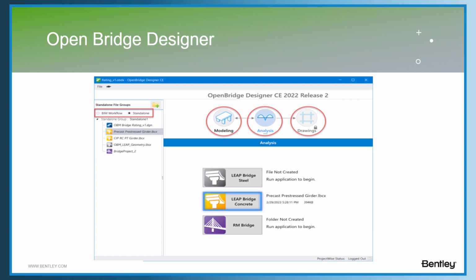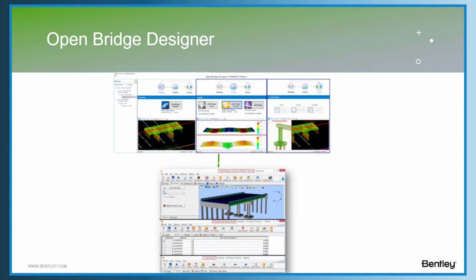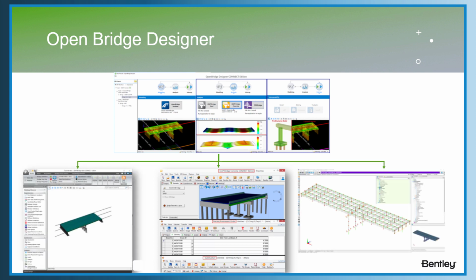So in the next slide, you'll see the workflow from OpenBridge Modeler where the modeling is done. Then the same information is exported to LEAP Bridge Steel, LEAP Bridge Concrete, and RM Bridge, where the analysis, design, and rating is performed.